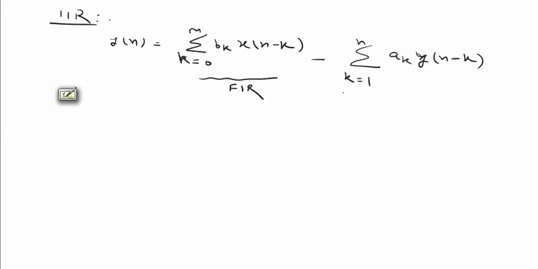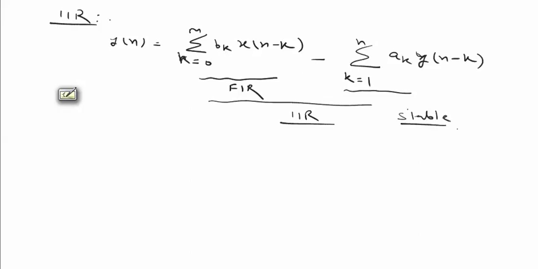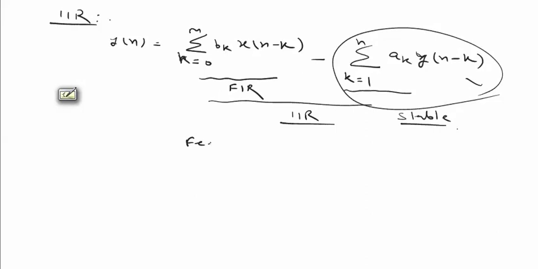This is commonly known as IIR, infinite impulse response. It is not surely stable, because stability is disturbed by the feedback component. Since output is fed back, it is called a feedback filter. A feed forward filter is FIR, and a feedback filter is IIR.